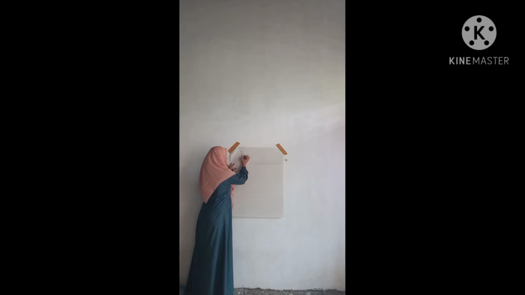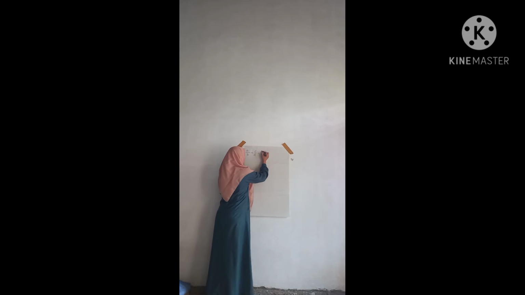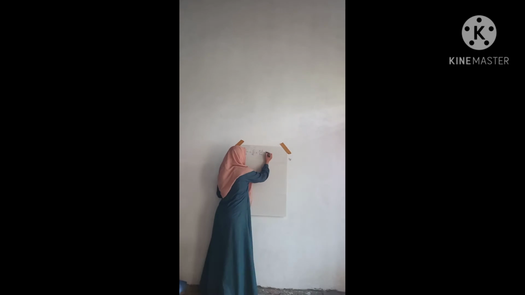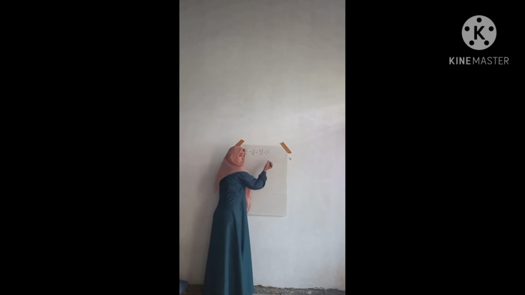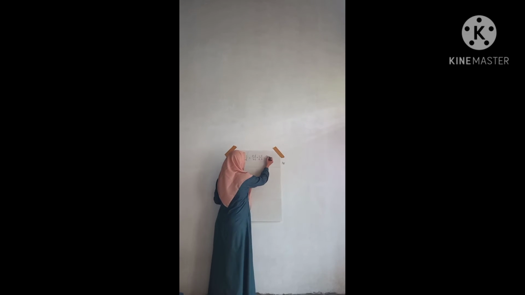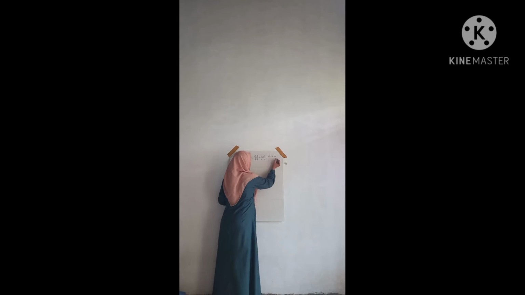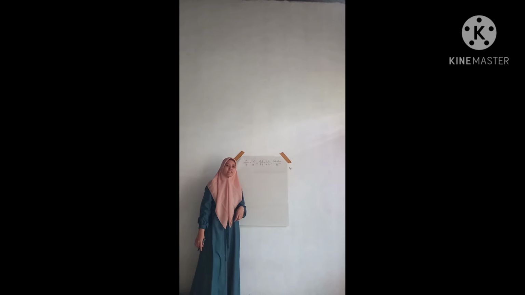A over B plus C over D equals A times D over B times D plus C times B over D times B, equals AD plus BC over BD.